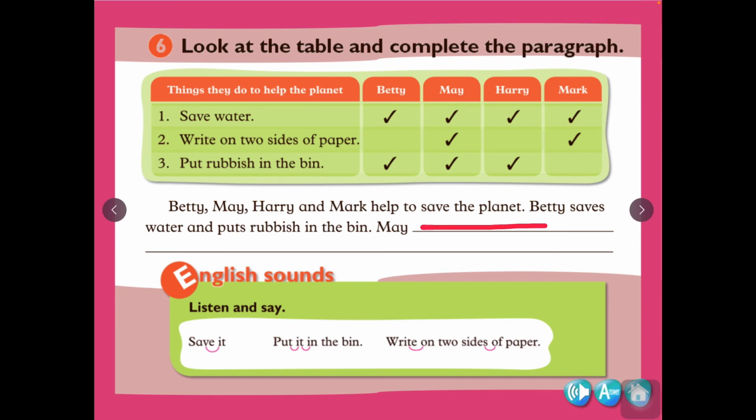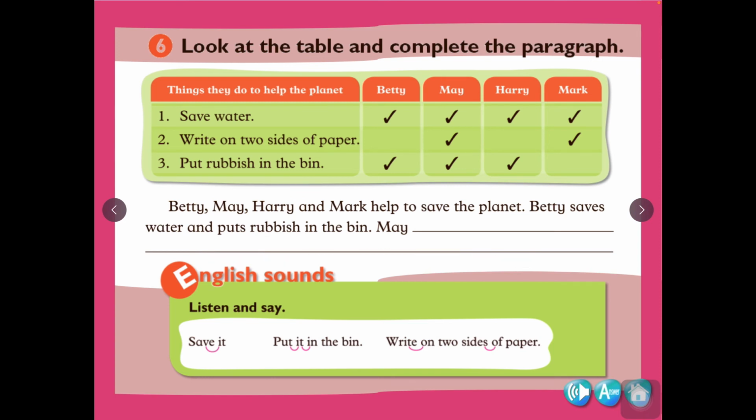You write here. And then after May, we have Harry. Then you write Harry saves water and puts rubbish in the bin. And then Mark, you write here, Mark saves water and writes on 2 sides of paper. Understand? You have to write here.